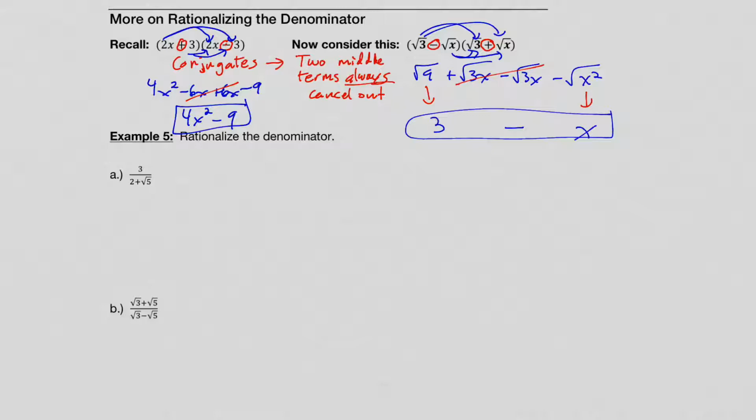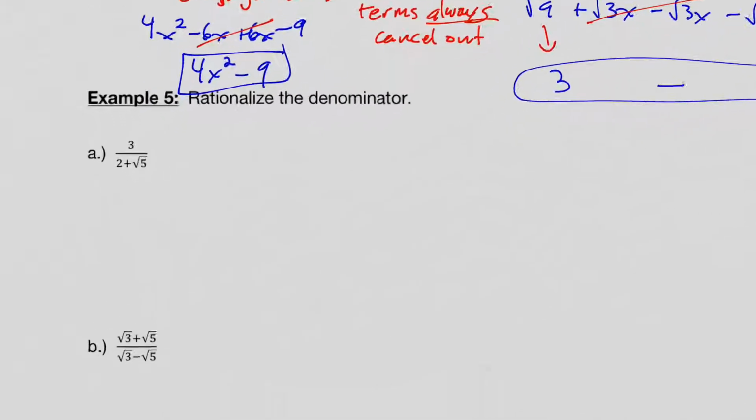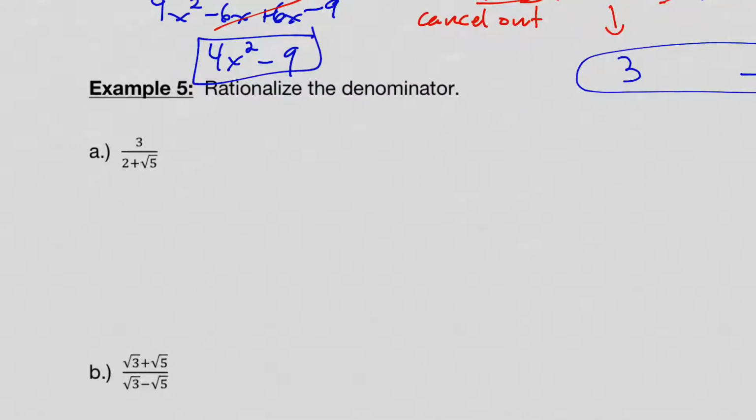So this brings us to our strategy here. When we want to rationalize the denominator, we're taking this irrational number. So this right here, this is what's called the irrational number. And we're going to rationalize it. That means we're going to make some type of whole number or fraction or something that's not irrational.